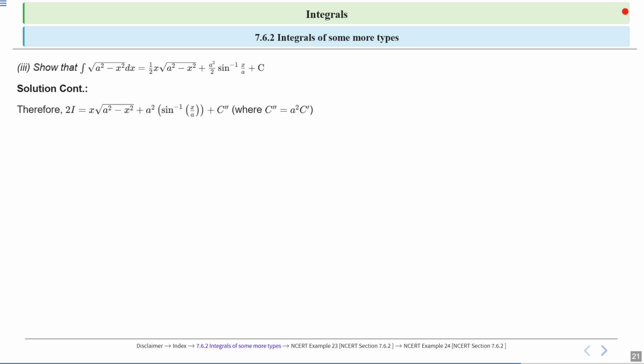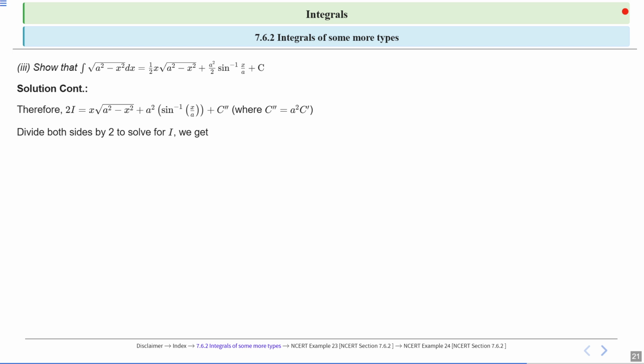Therefore 2I is equal to x into root under a square minus x square plus a square into sin inverse x by a plus constant of integration, that is c double dash, where c double dash is equal to a square by a square into c dash.